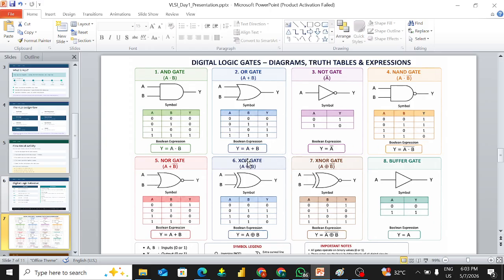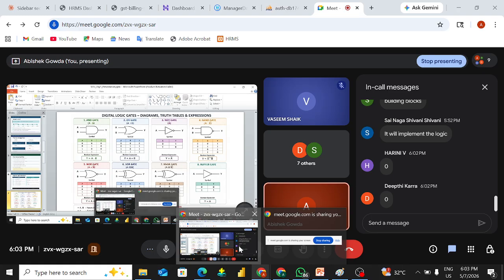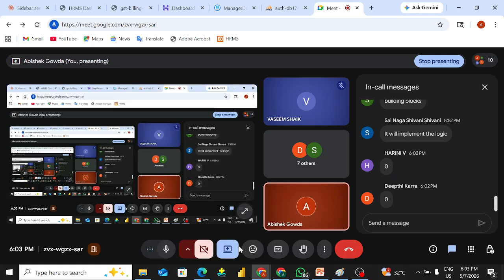Okay, next we will go for the NOR gate. Okay, NOR gate means now I will just ask you, can you guys tell me what will be the NOR gate?